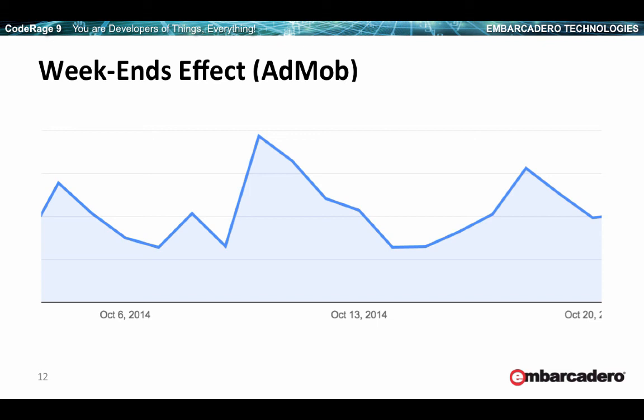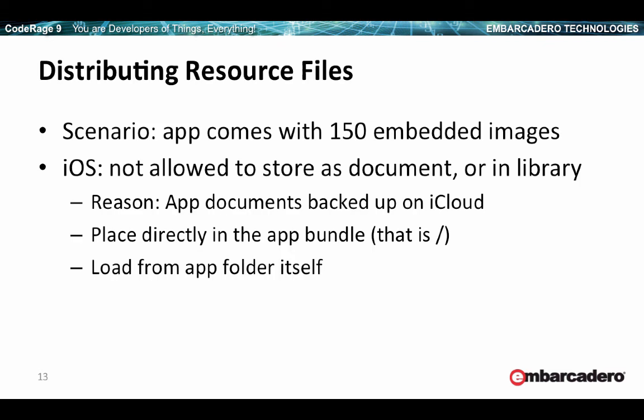Another issue I bumped into was distributing resource files. Now the scenario is that this application has these 150 images. These are physical JPEG or PNG files that are shipped along with the application.